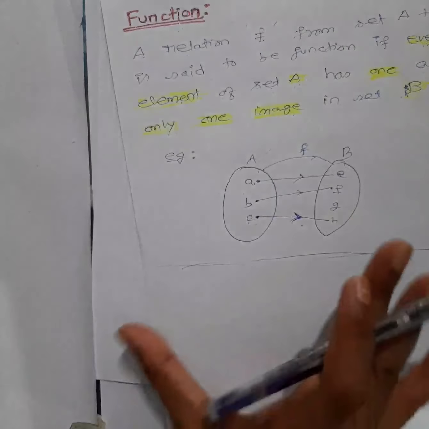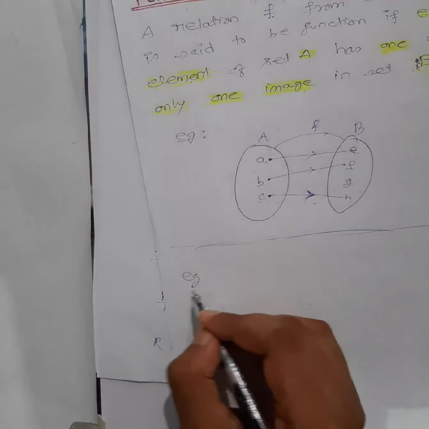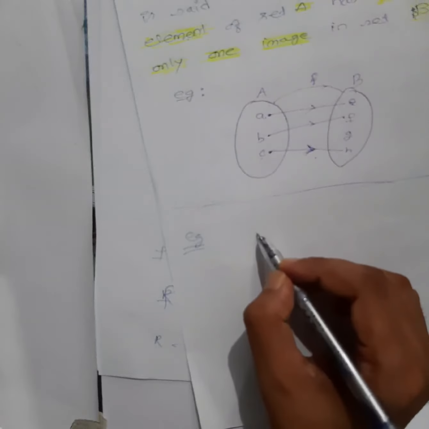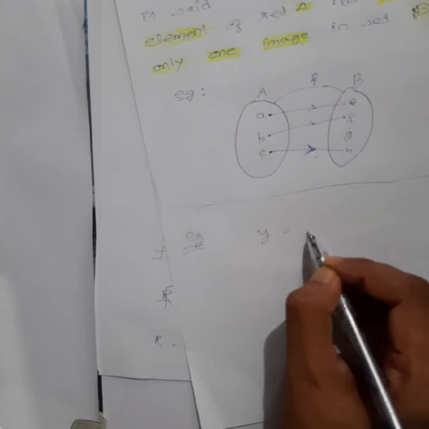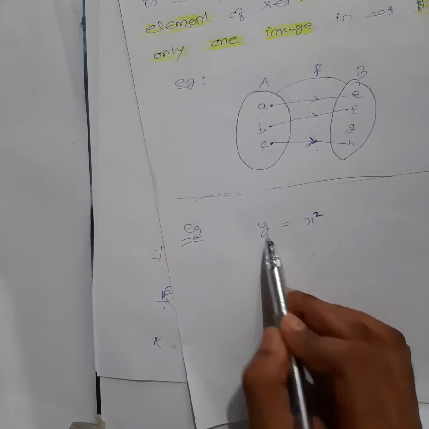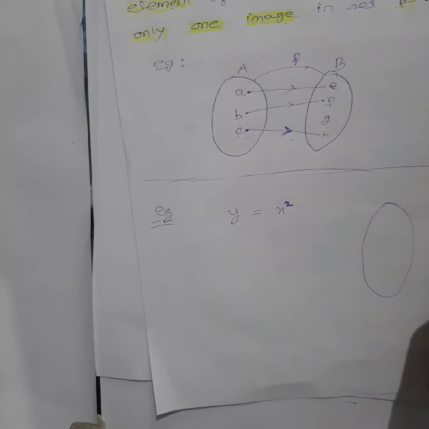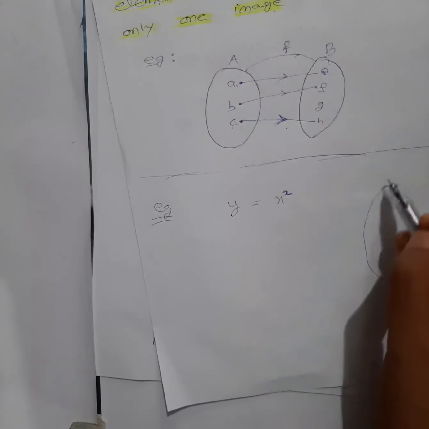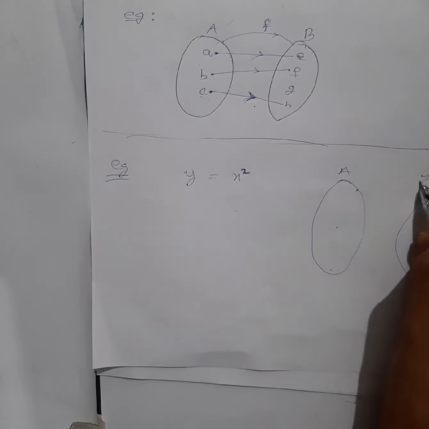Okay, so for example, we will take here say y is equal to x square. Now I'm not mentioning what x is to be taken from. Here x we used to take from this first set, and y we used to take from this set.